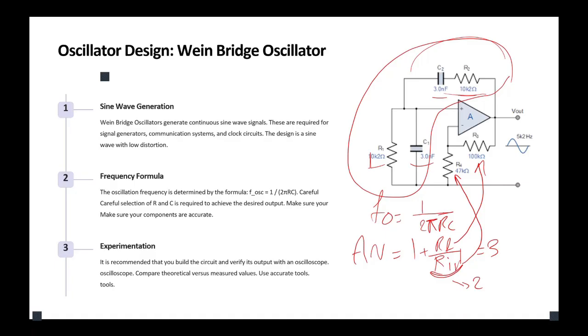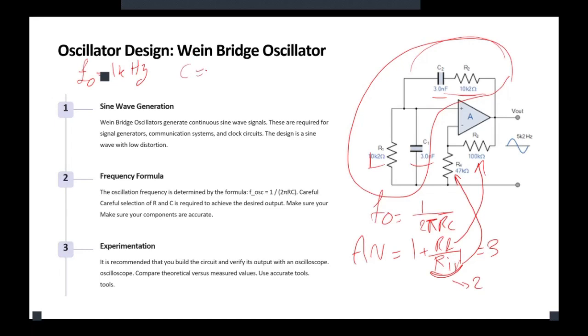Now, let's actually build one. Suppose we want a sine wave with the frequency of oscillation equal to 1 kilohertz. Now, let's first pick the capacitance. We pick the capacitance as 0.1 microfarad.